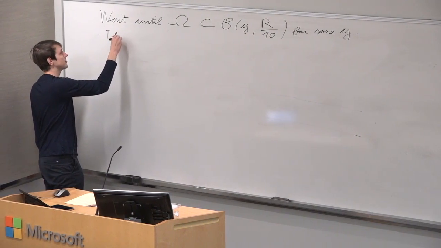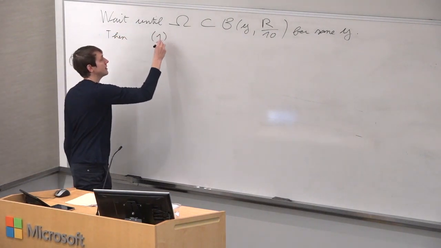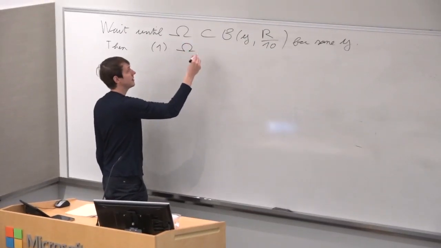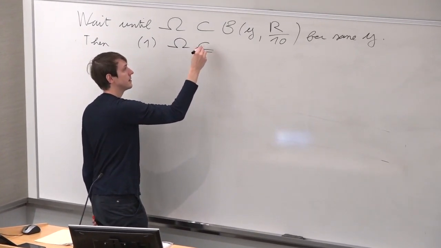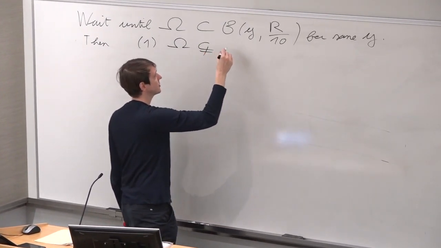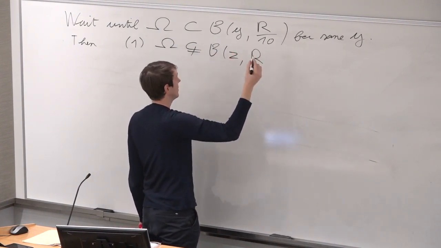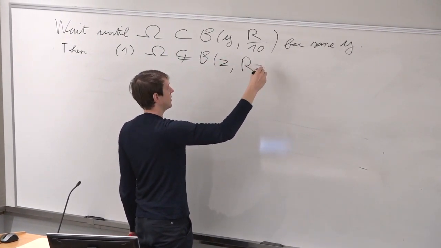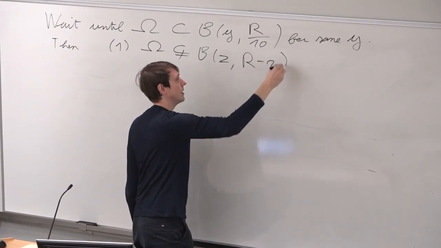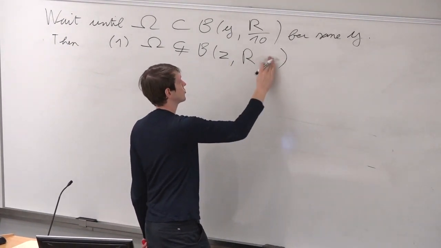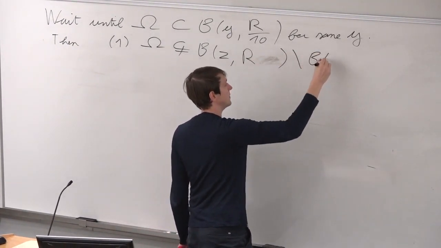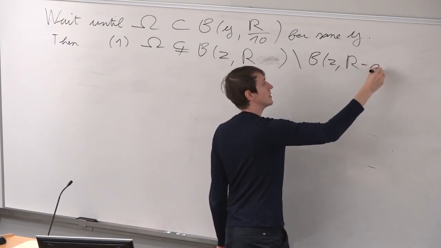Then there are two options. One is omega does not intersect B(Z, R) minus B(Z, R minus little r).